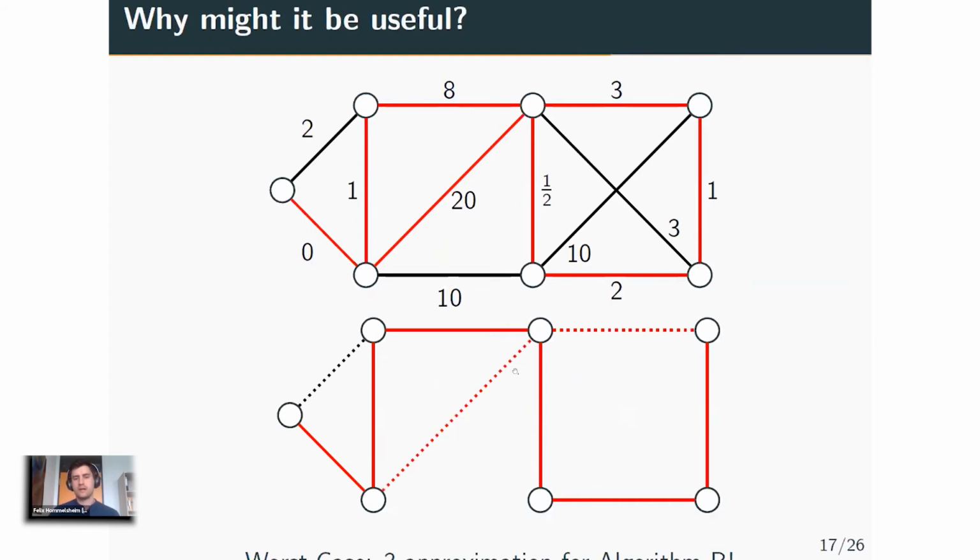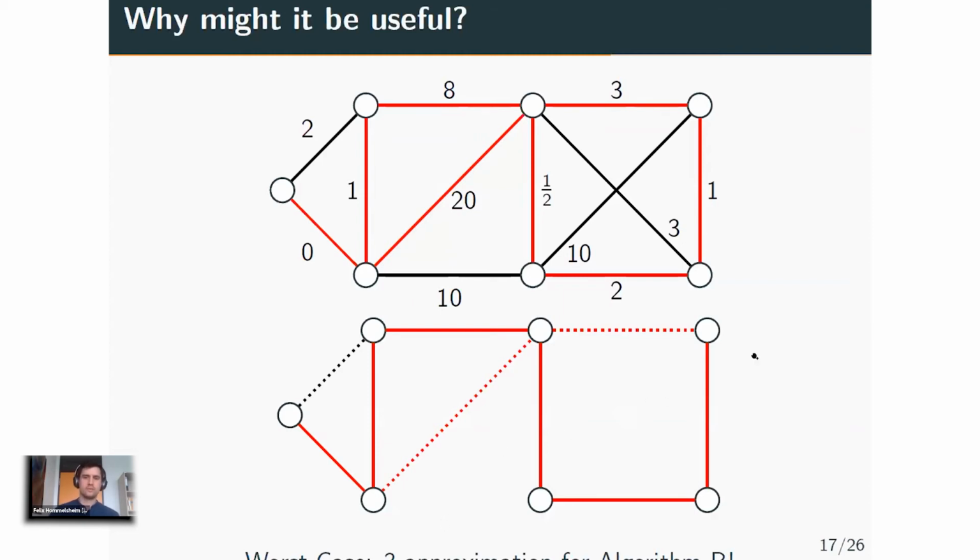Why did we buy this edge of weight 20 instead of the edge here of weight 10? Well, we solved the tree augmentation problem using a 2-approximation algorithm, and therefore we cannot expect to buy this edge, which is cheaper than that one. There you can also see why in the worst case we have a 3-approximation algorithm.